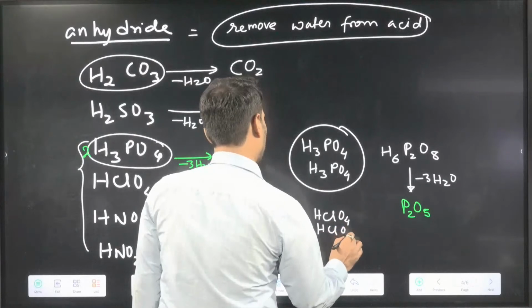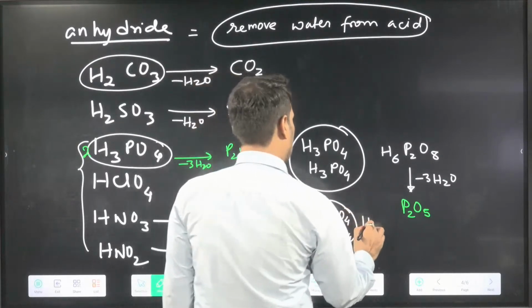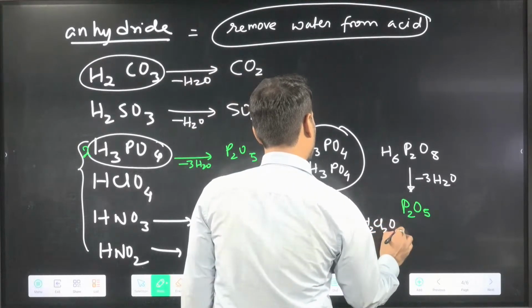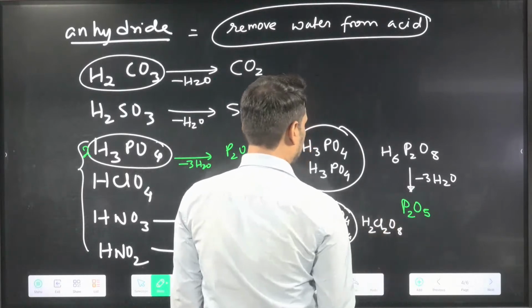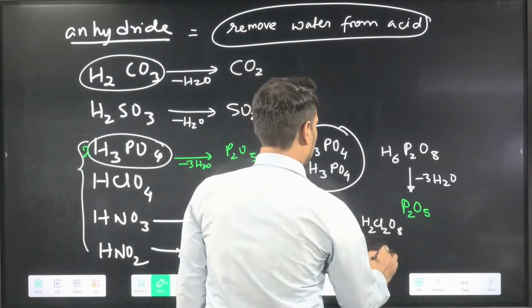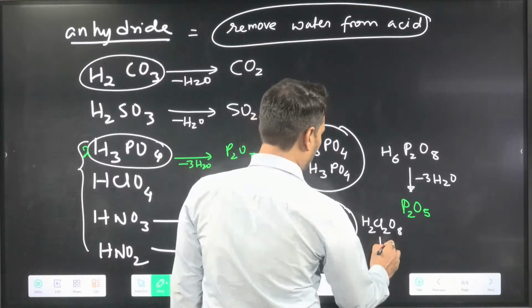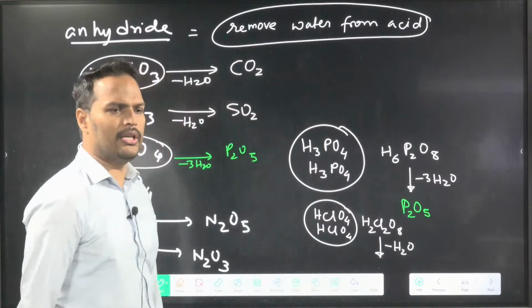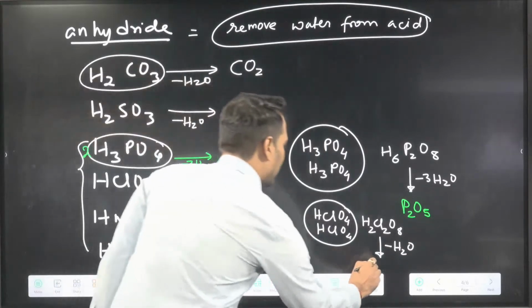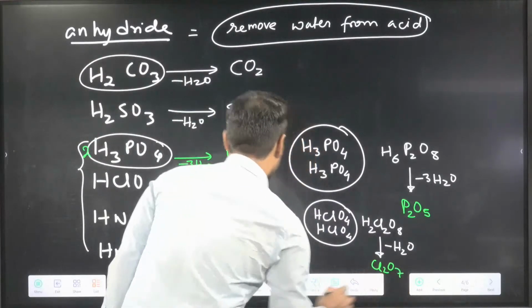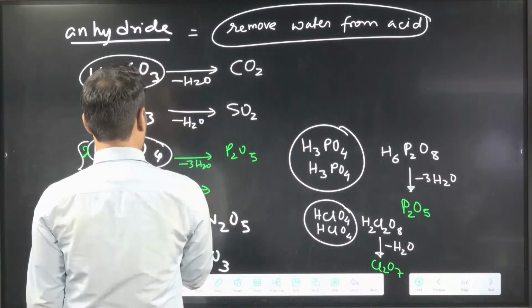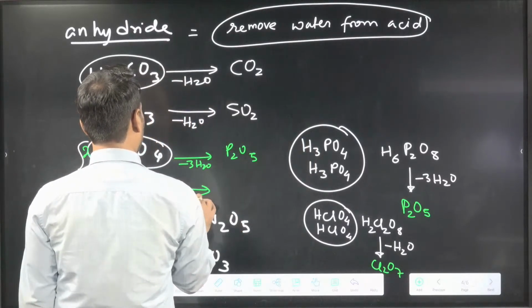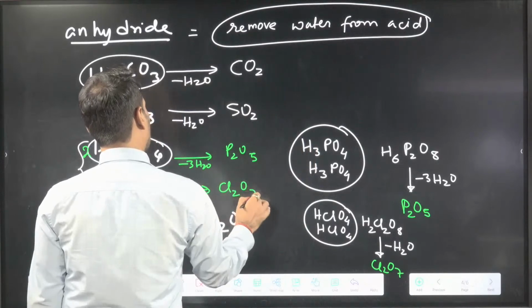HClO4. What is the total formula? H2Cl2O8. Remove water. How many water can I remove? Only one. So what am I getting? Cl2O7. So you remove one water molecule, you will get Cl2O7.